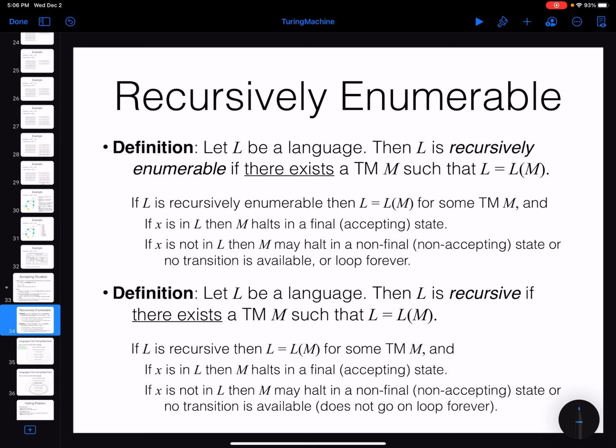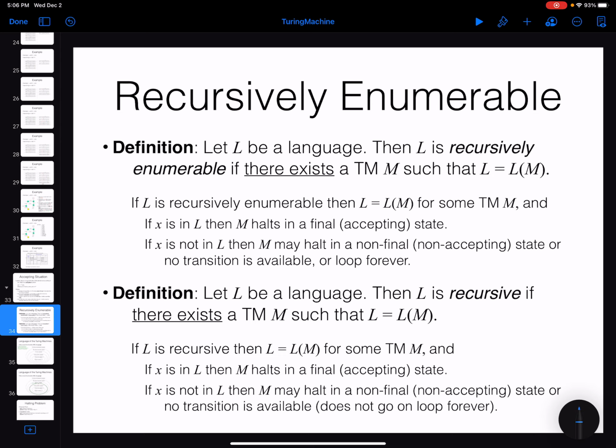So a language is called recursively enumerable if we can design a Turing machine for that language so that all the strings that are accepted by the Turing machine are going to be a part of the language. So you see that it doesn't tell you what would happen for those strings that are not in the language.